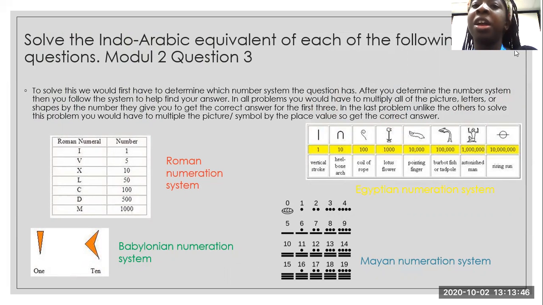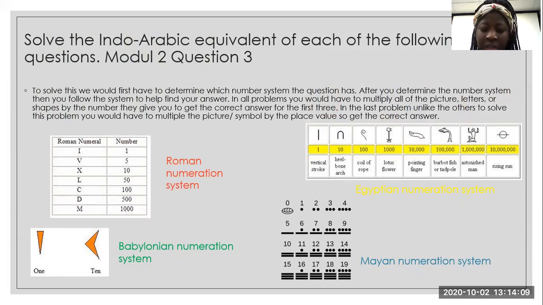In fact, in different areas of the world, they had their own number system, and most of them dealt with pictures like Egyptian, shapes like Babylonian, or letters like Roman. So, to solve this, we'll first have to determine what number system we're using.